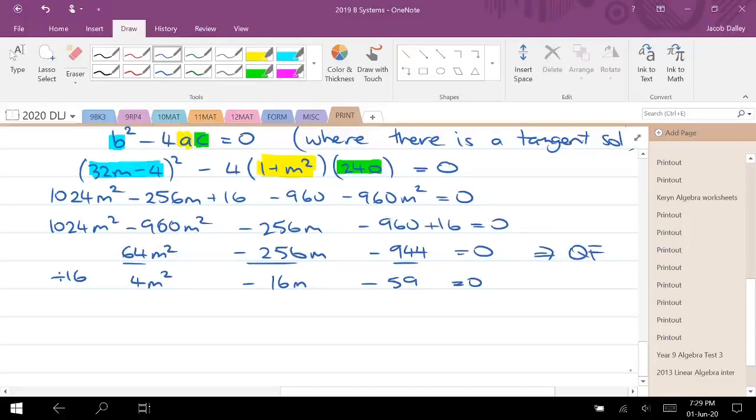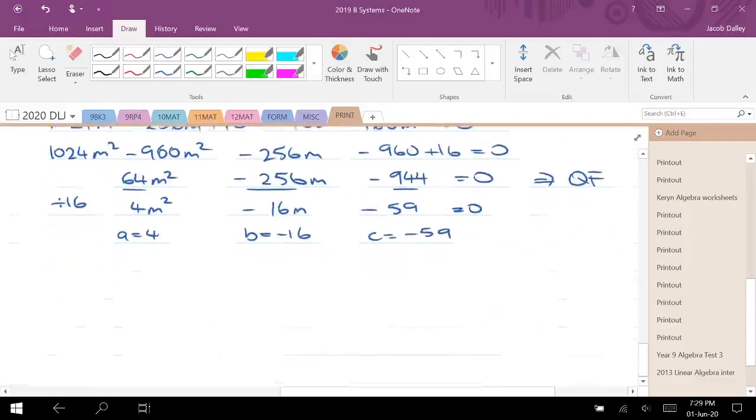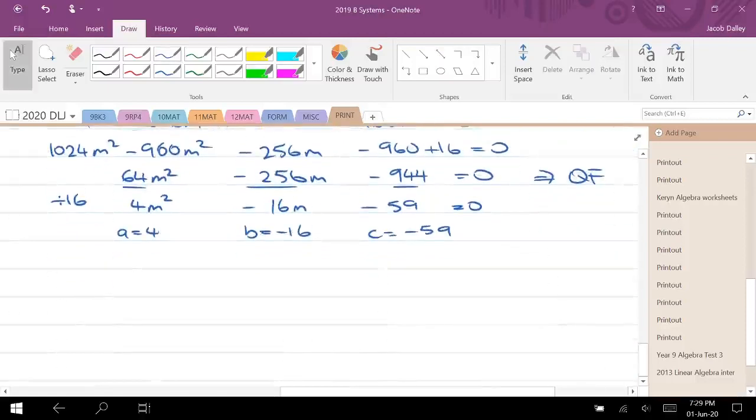So when we're using our quadratic formula, we can use the more simple numbers of a equals 4, b equals negative 16, and c equals negative 59. Alright, so putting those numbers in to our quadratic formula, I'll just say it out loud as I write it in.